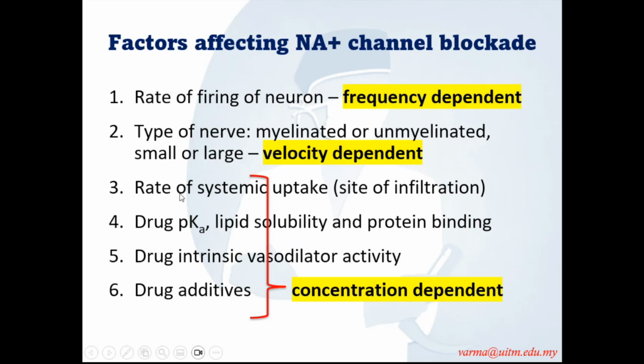It is rate of systemic uptake, which means where we inject it, the site of infiltration, the drug pKa, lipid solubility and protein binding of the individual LA, the drug's intrinsic vasodilator activity, which causes dispersion of the LA from the site of injection, or the adjuvants that we put in to improve the action. So this is concentration dependent.